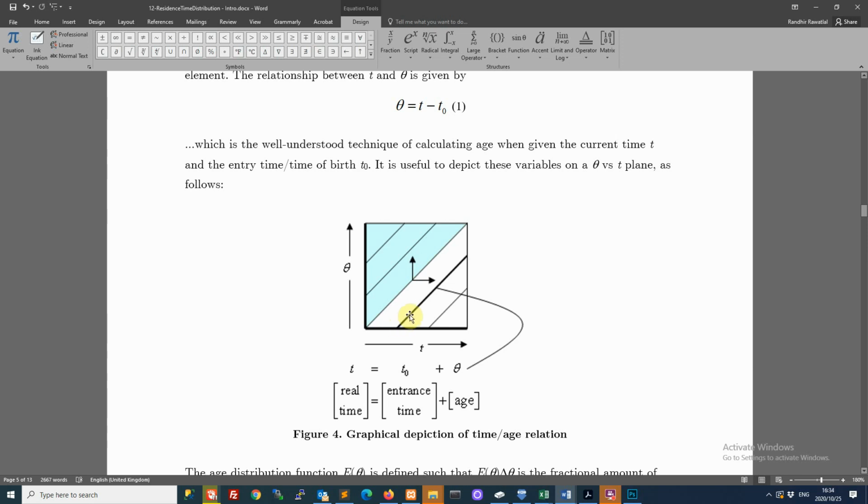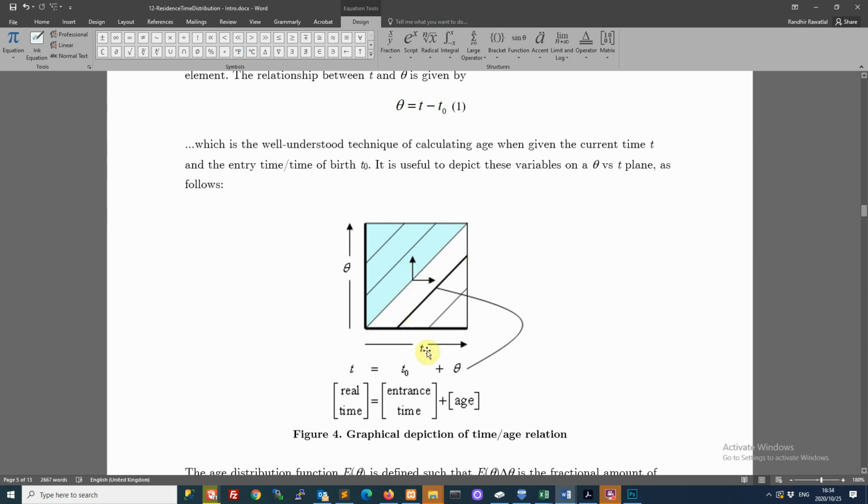Okay? So you are getting older if you look at a specific group, and of course all groups are aging in the same way. So if you pick another group that entered sometime later, it will also be getting older in the same way. And if you pick any other group that also entered, that's also getting older, at the same rate.